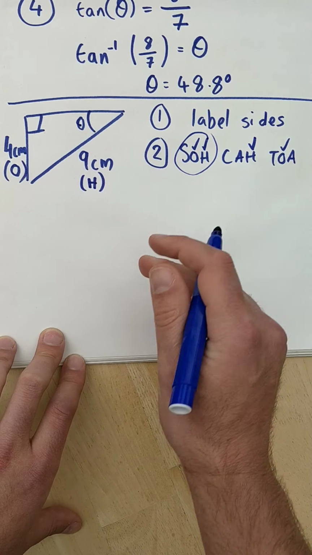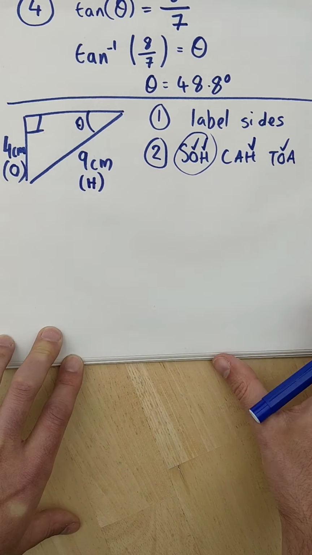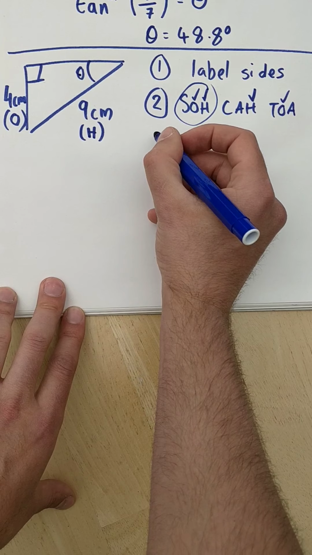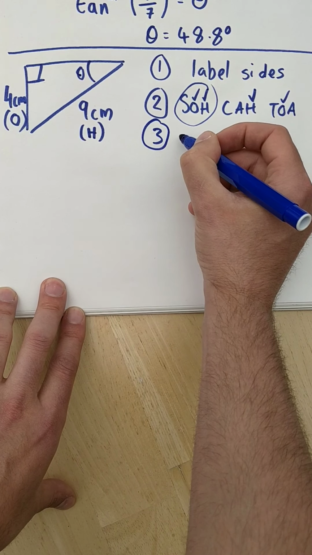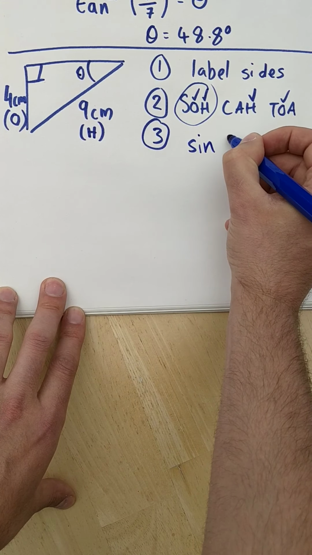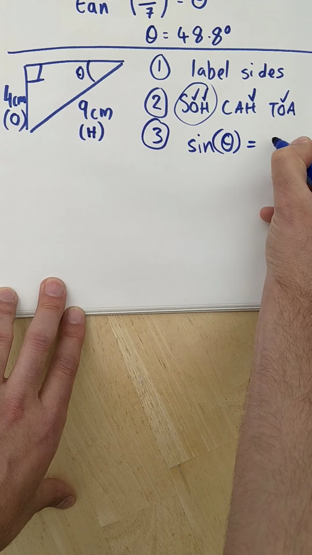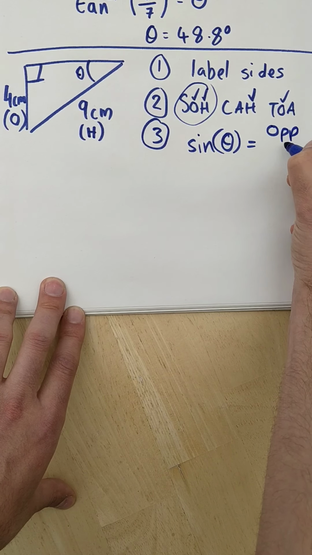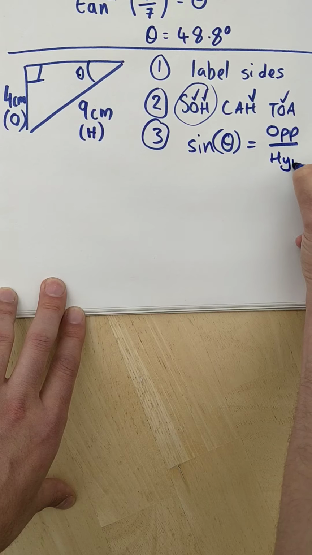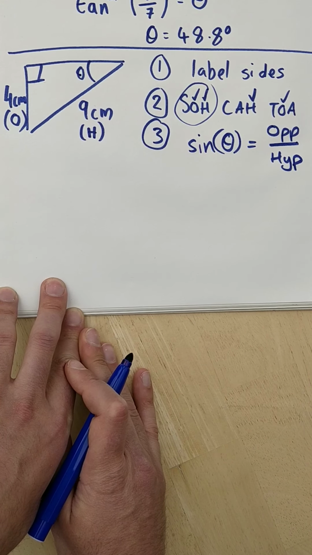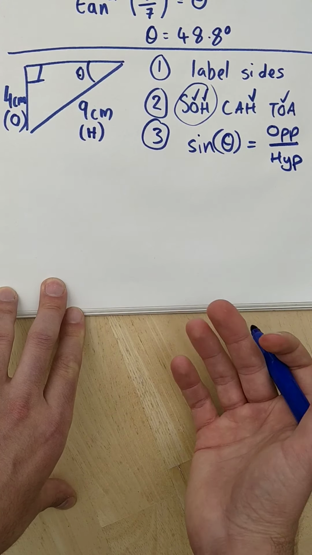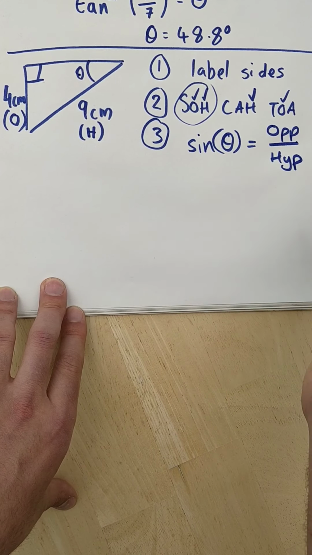So I'm using the sine ratio here. So step number 3, I'll write out that ratio. So I get sine of my angle is equal to opposite over hypotenuse.